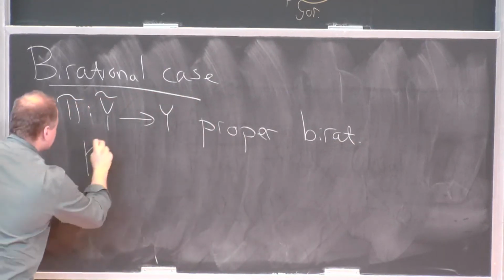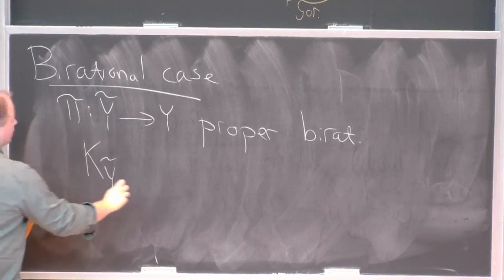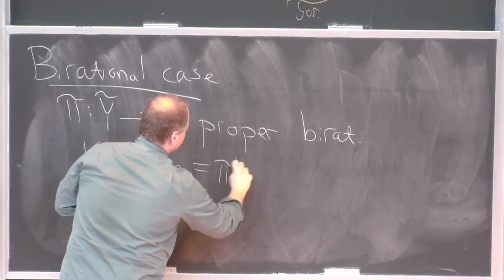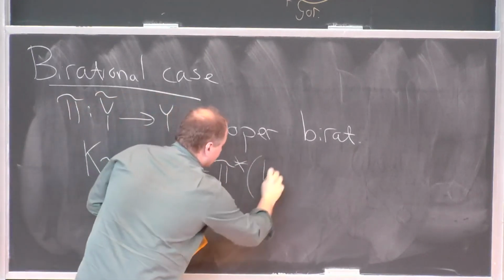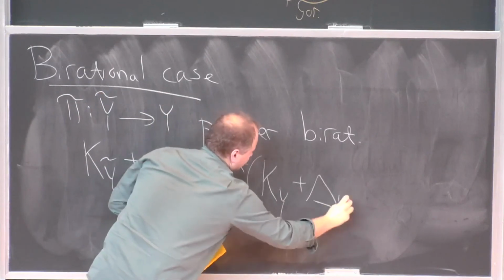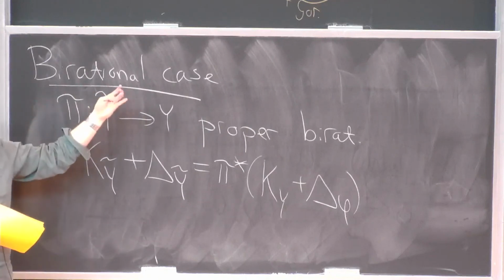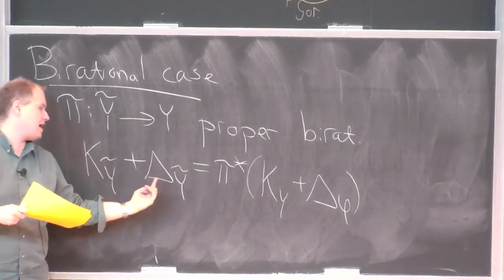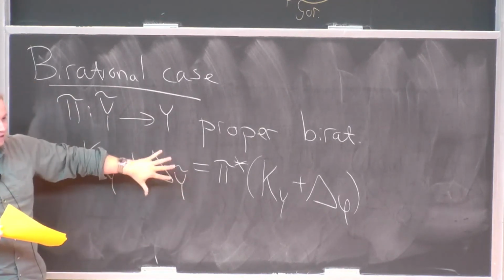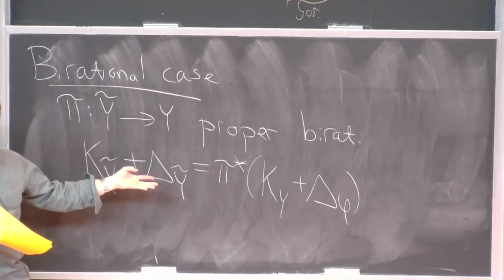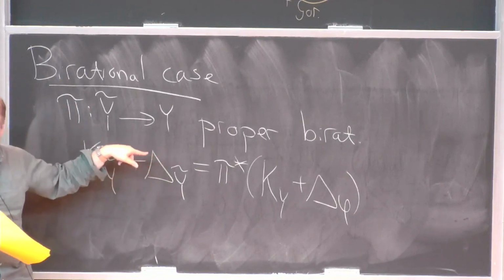I can still write ky tilde plus some delta y tilde, and I can write this as the pullback of ky maybe plus delta phi. And again, the same relation holds. You might ask, if I have this thing like a Frobenius splitting right here, does it give me a Frobenius splitting on the blow-up? Well, more or less, it does, although there are some effectivity concerns here. At the very least, if I have one, it certainly corresponds to this delta y tilde.